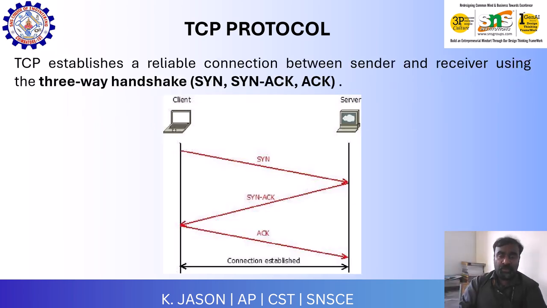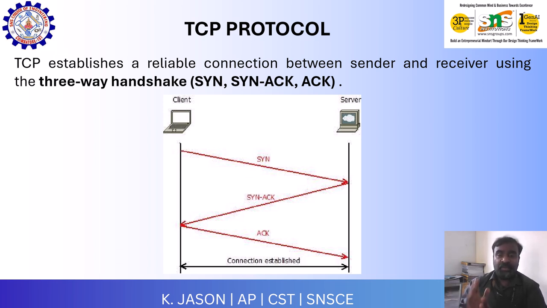Next slide, we show the flow of the TCP protocol. Without the flow we are not able to do that, so we have to know what the flow is. So this is the process. Here we discuss the three-way handshake diagram.